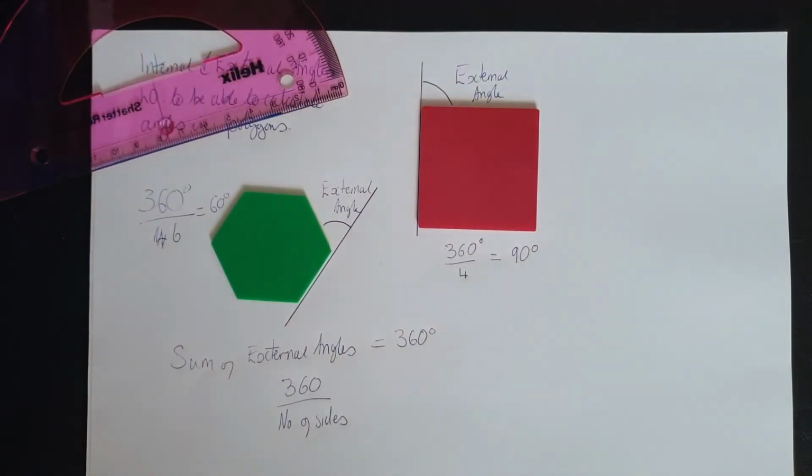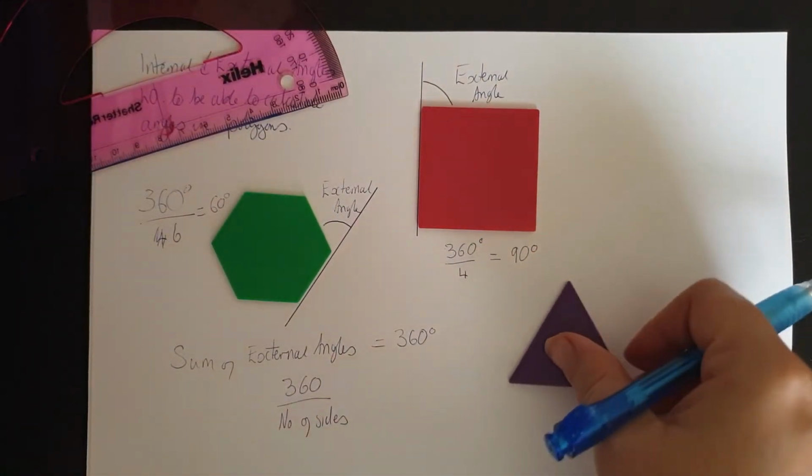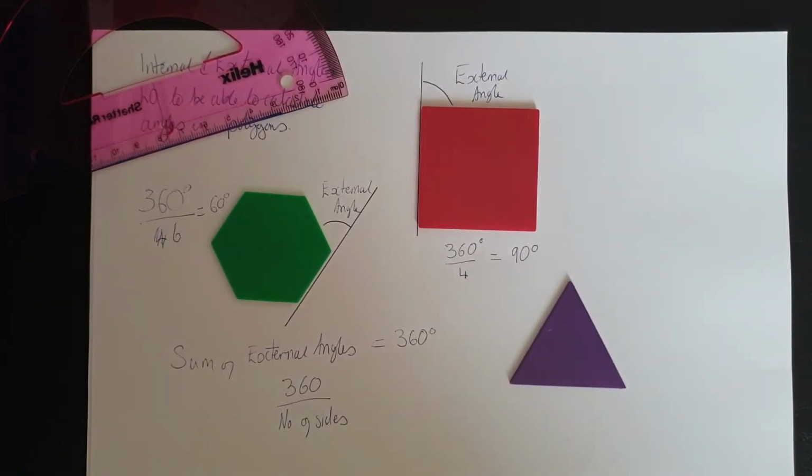Have a go now with the triangle. Find the number of sides and divide that into 360. Pause the video while you do that.